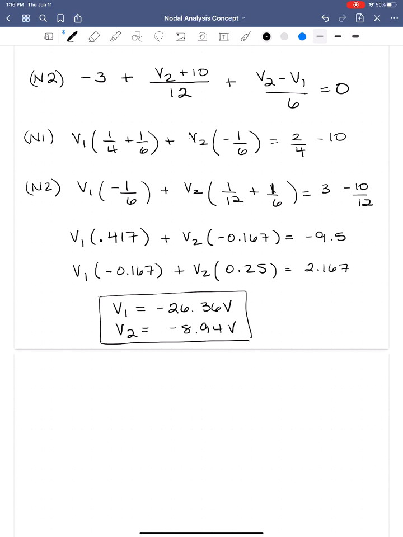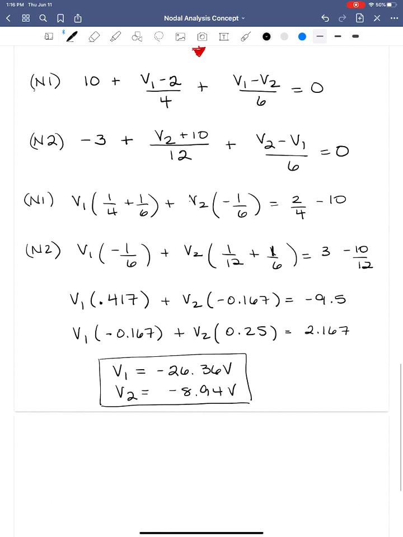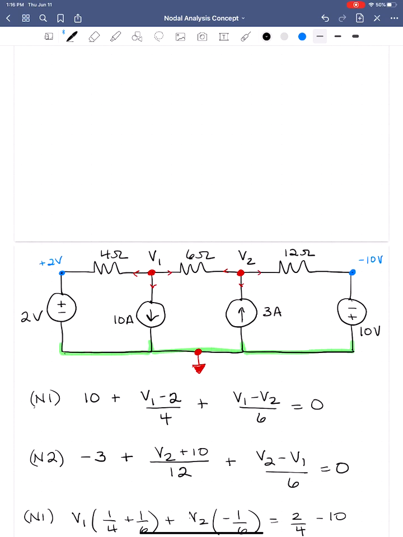Okay, so now we can solve for power. All right, so I'm going to grab the circuit and pull it down so we can see it.